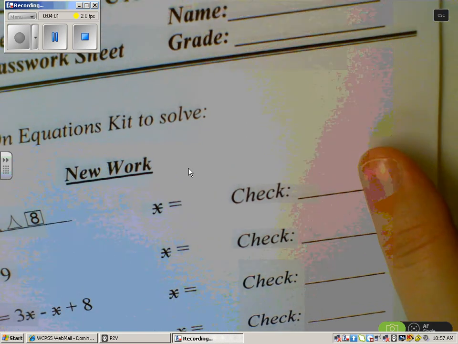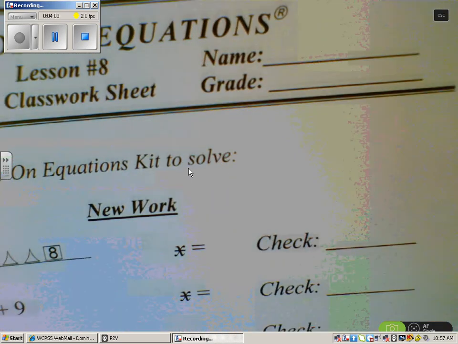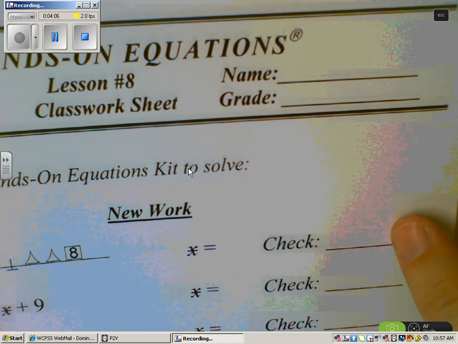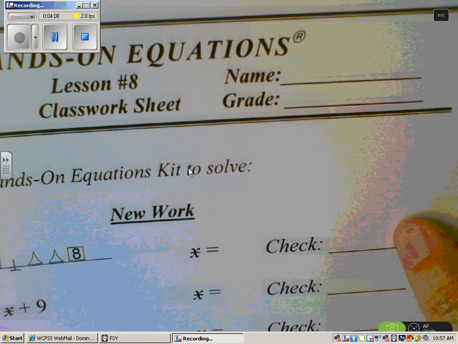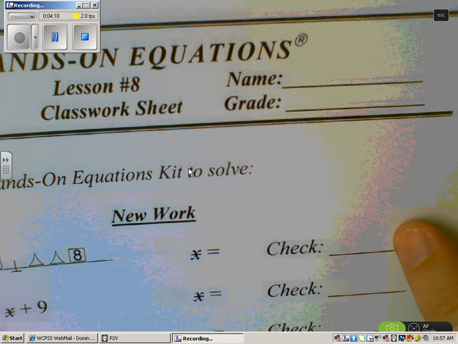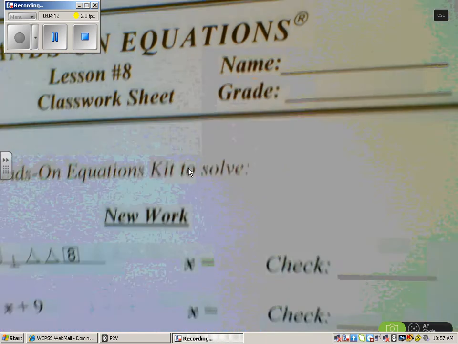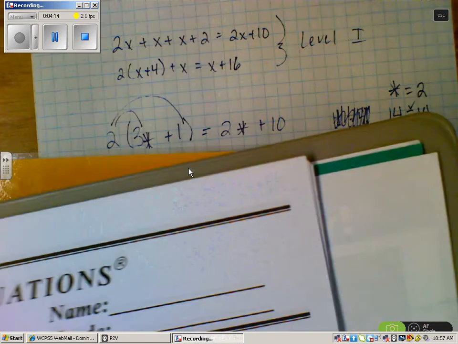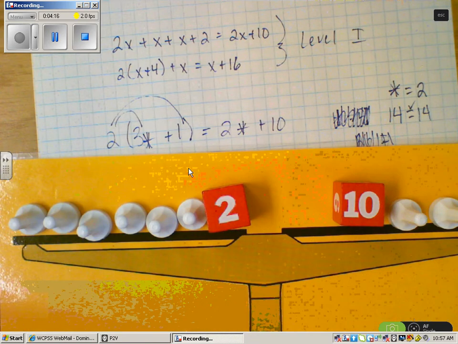So I need to see that you are doing that to check it, because this will immediately show you if both sides don't balance, and then you know you're not solving for your variable correctly. So that's one way for you to check yourself as you are working.